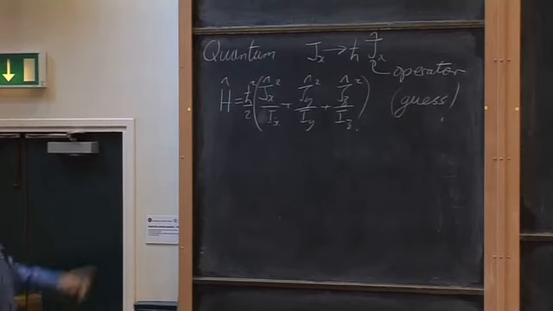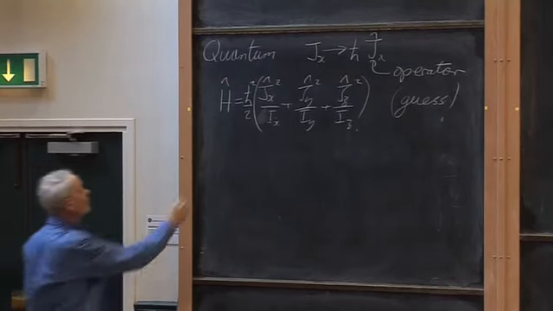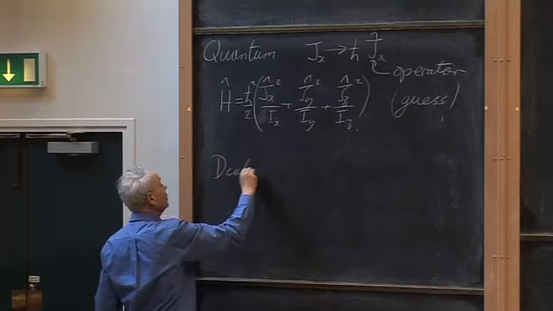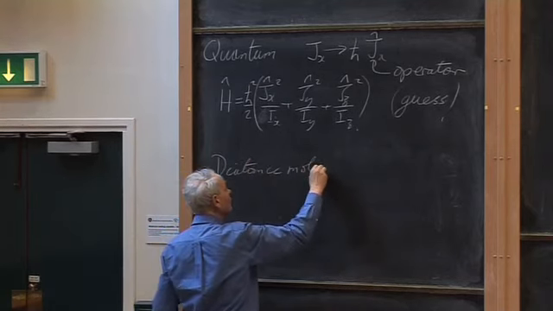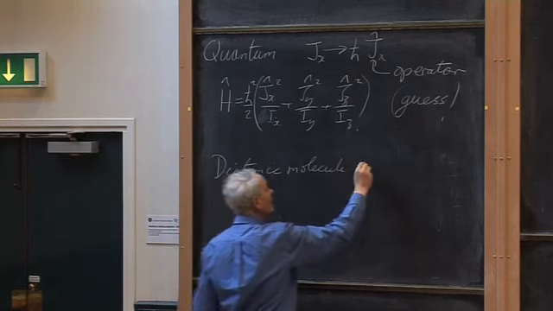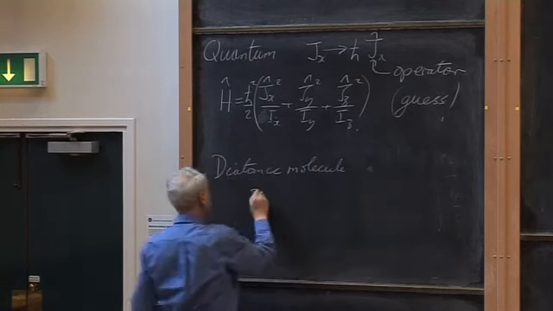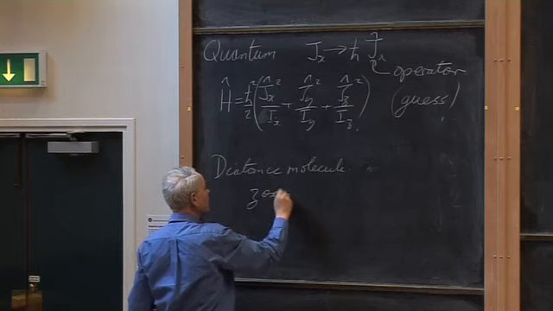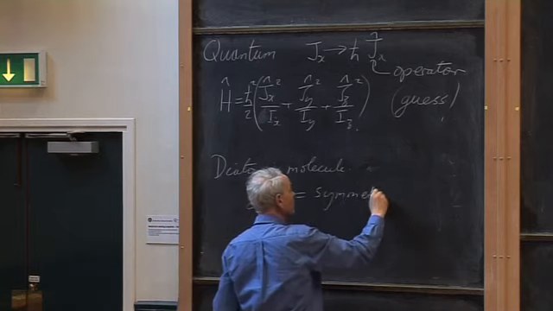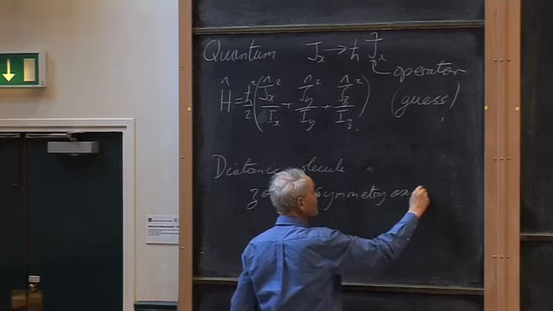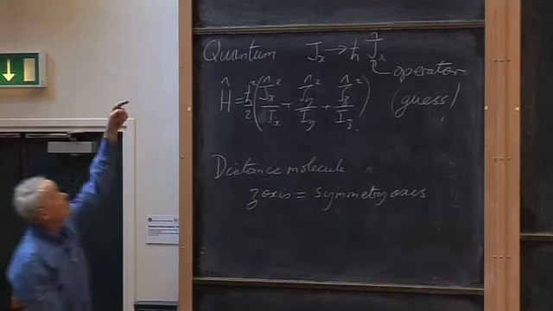Now for this diatomic molecule, we take the z-axis to be the symmetry axis of the molecule. That's the axis that runs through both nuclei.